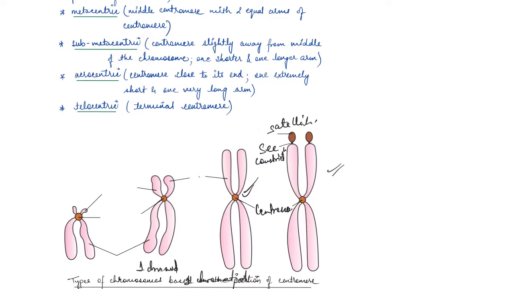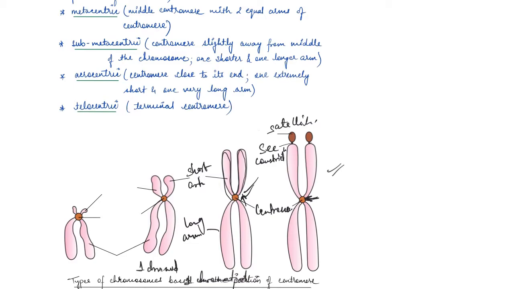Here, this is the short arm and this one is the long arm, right? If you see, in the previous one it's exactly at the center. Here it has shifted towards one of the ends, and that is why one arm of this chromosome is shorter and the other one is longer.